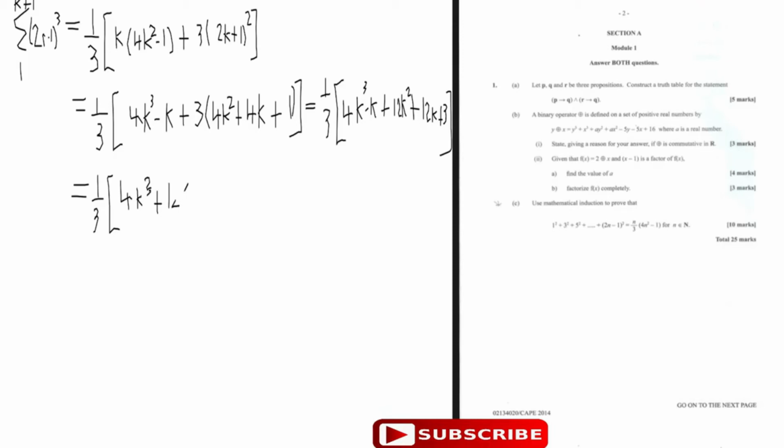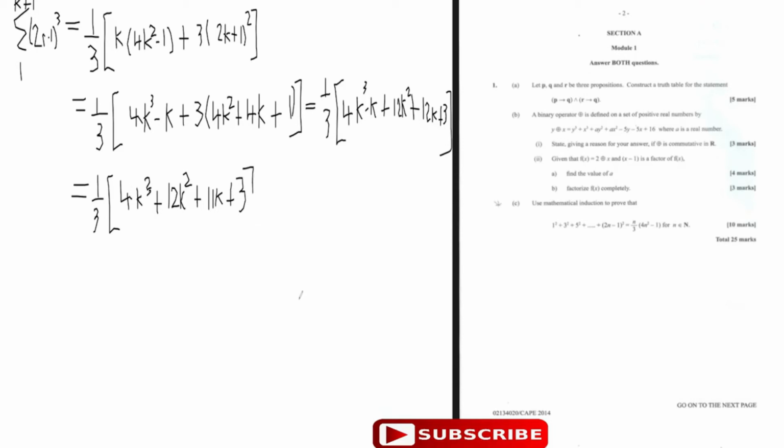Then we group our k terms together: we have a minus k and a plus 12k, so that's plus 11k. And then what do we have left? Just our constant, which is plus 3. All right, nice. So we have 4k cubed plus 12k squared plus 11k plus 3.